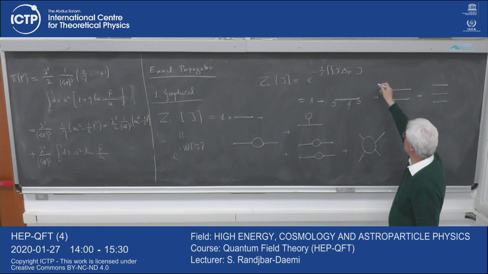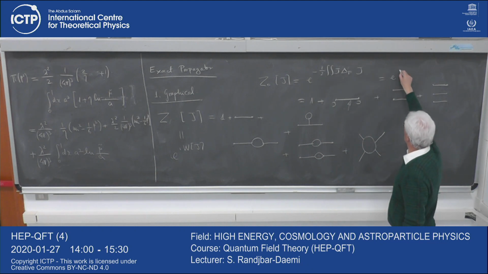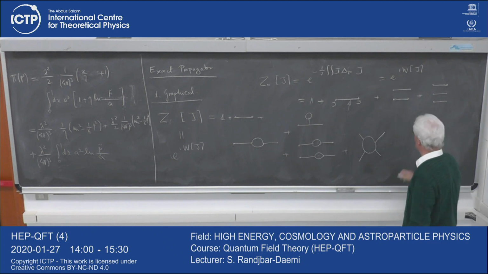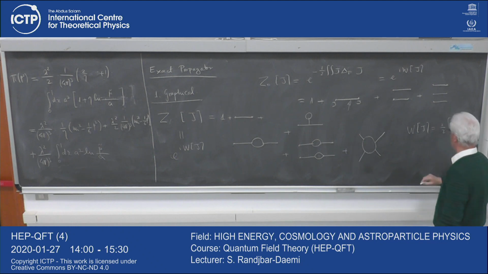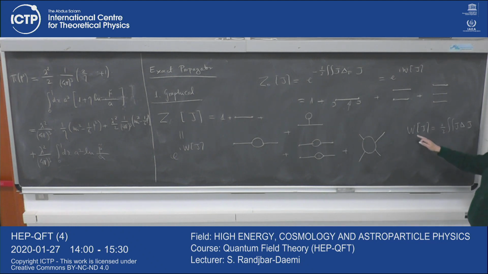In the case of this one, it's simple to see. Because if you write this as exponential of i times j, then you see that W of j is simply i divided by 2, j delta j. So only the second derivative of that with respect to j at j equal to 0 is non-zero, and that gives you the free propagator.